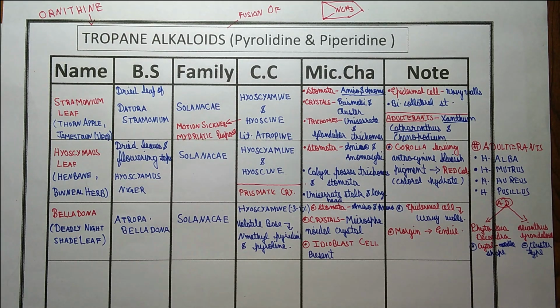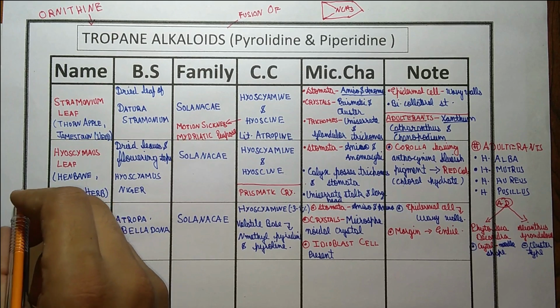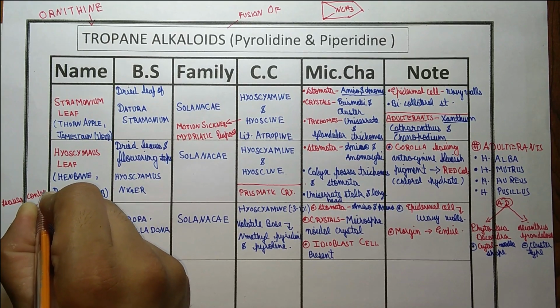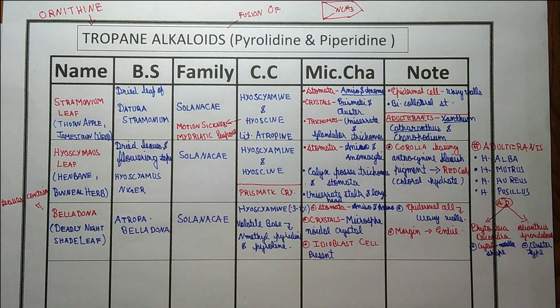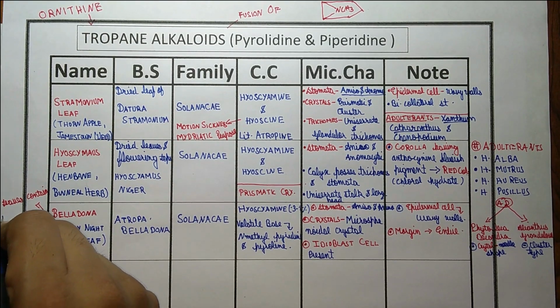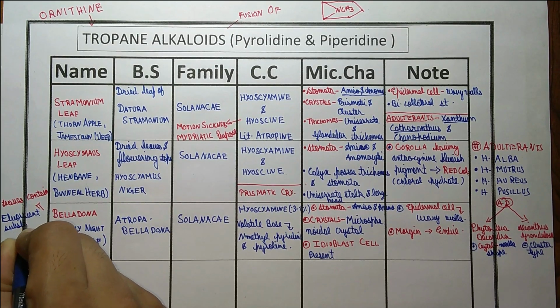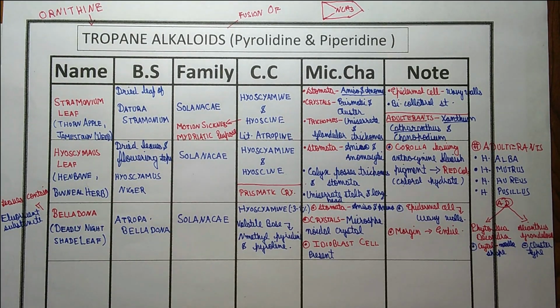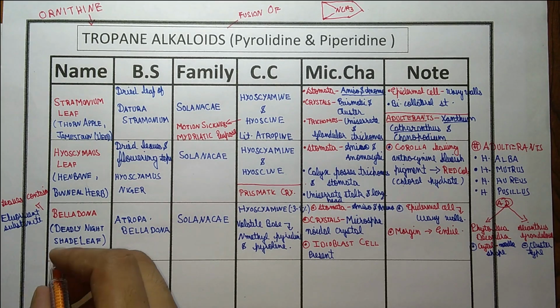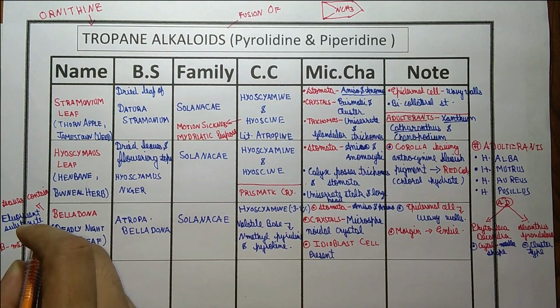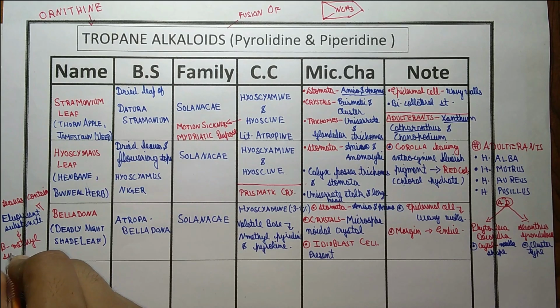And one more important point in Belladonna is that the leaves contain a fluorescent substance, named beta methyl esculetin.